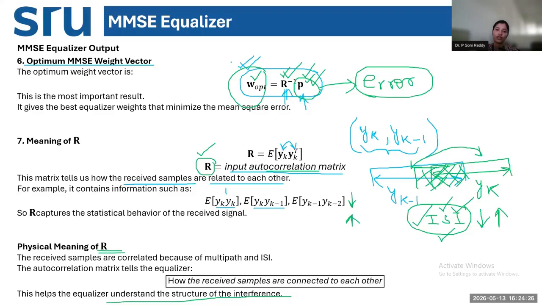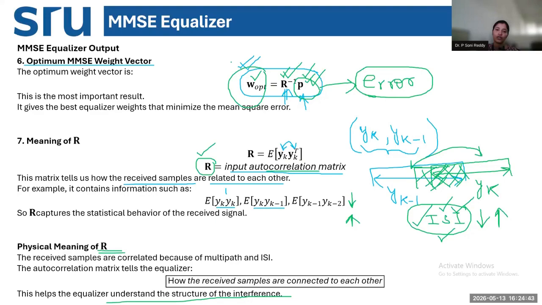Now this is the basic understanding of the MMSE equalizer. From here you can understand that the MMSE equalizer is far more advanced compared to your zero forcing equalizer. Zero forcing equalizer was focusing only on reducing ISI. It was not focusing on reducing the error factor.